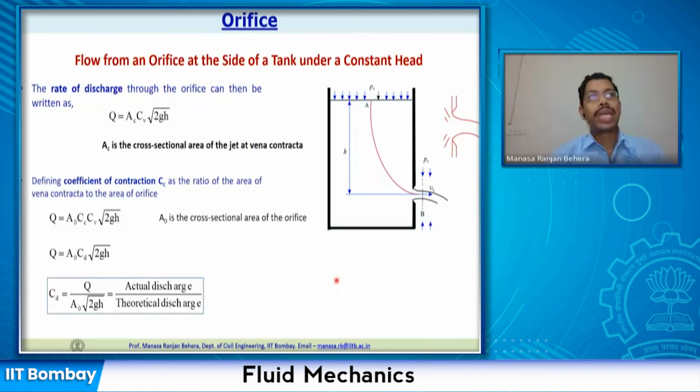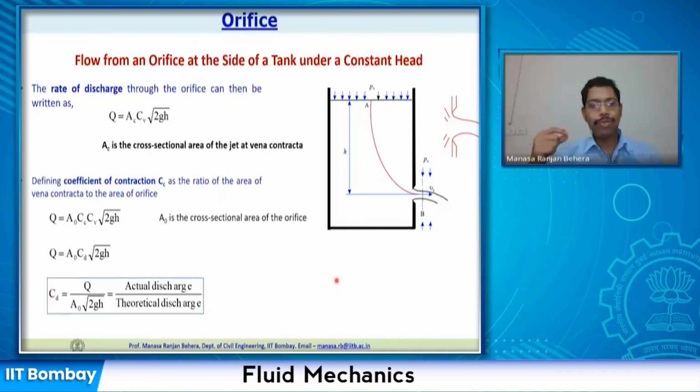So now we can write down Cd equals discharge Q divided by A0 square root 2gh, the actual discharge divided by theoretical discharge. This will give us the value of Cd. So we can find out h, and from that we find the theoretical velocity, square root 2gh.